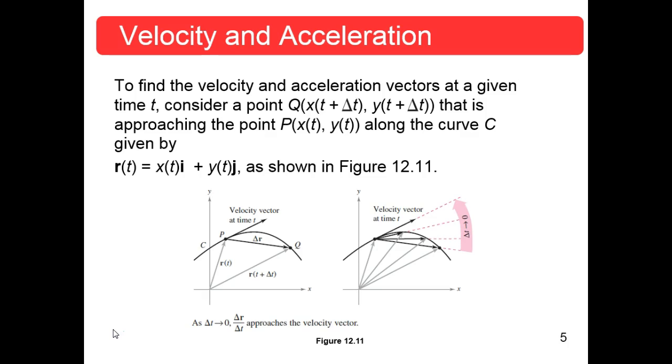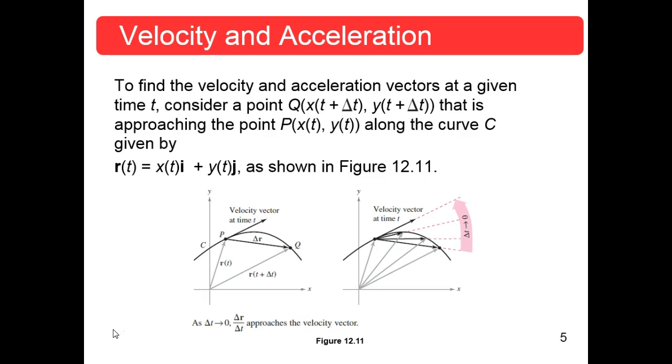To find the velocity and acceleration vectors at a given time t, consider a point Q, which is x of t plus delta t, some short time after t. That's its x component, and its y component is y of t plus delta t. That is approaching the point P, x of t, y of t, along a curve given by this.